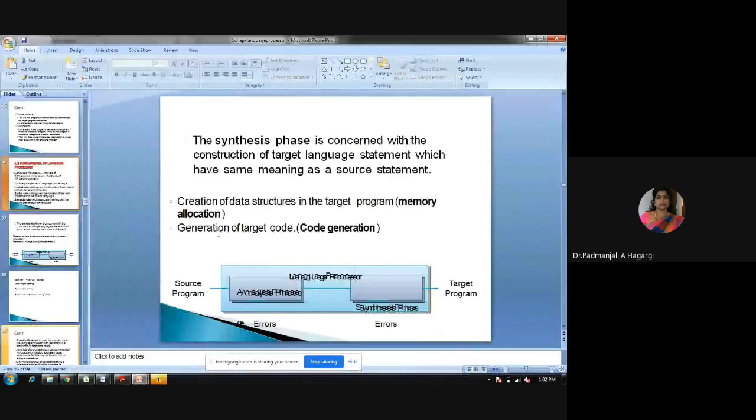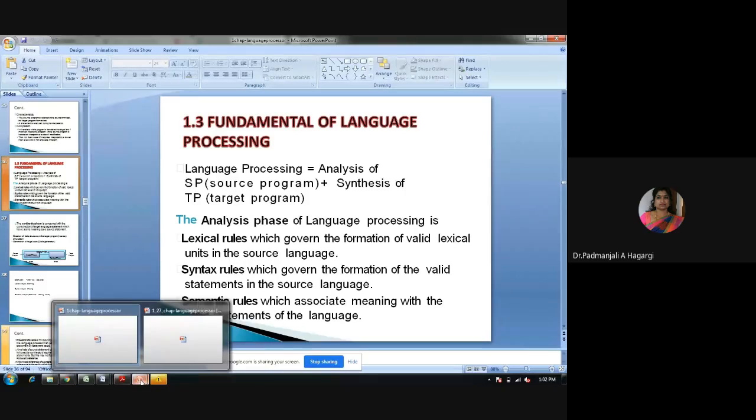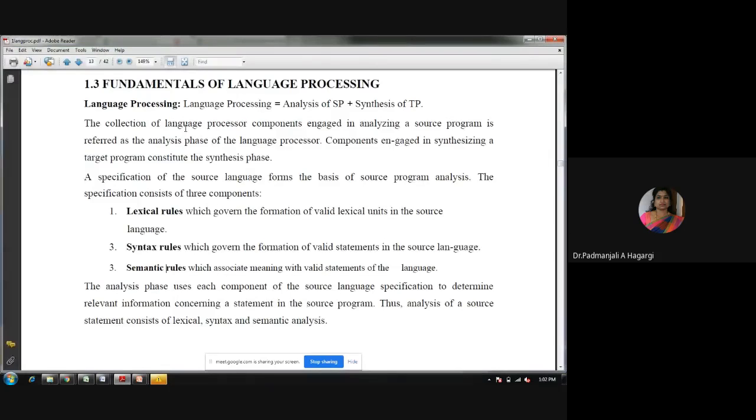In the slides, I have shown you that language processing is equal to analysis of the source program and synthesis of the target program. Here the target program is nothing but the program generated from the assembler.